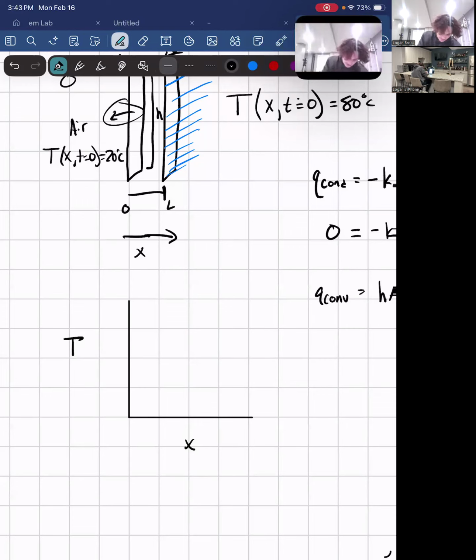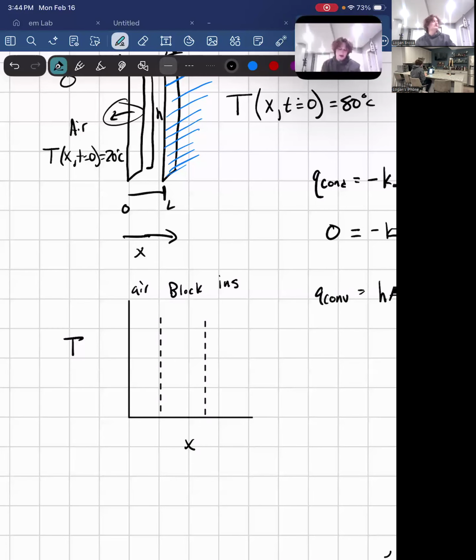We can break this graph into 3 parts, right? So we have our insulation here. We have our block, and we have our air.